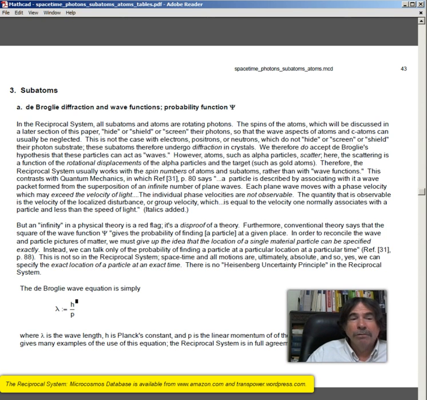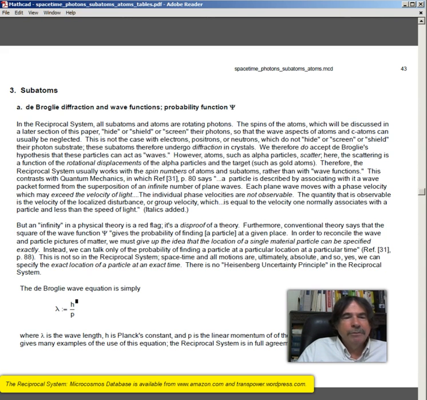Instead, we can talk only of the probability of finding a particle at a particular location at a particular time, reference on page 88. This is not so in the reciprocal system. Space-time and all motions are ultimately absolute. And so, yes, we can specify the exact location of a particle at an exact time. There's no Heisenberg uncertainty principle in the reciprocal system.